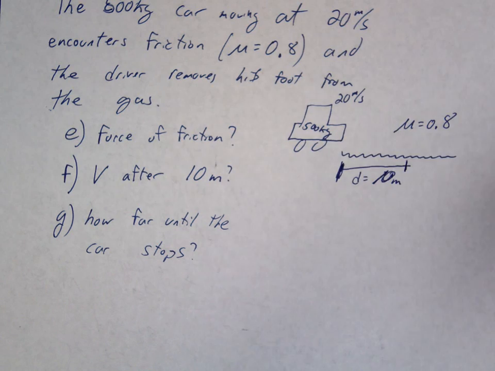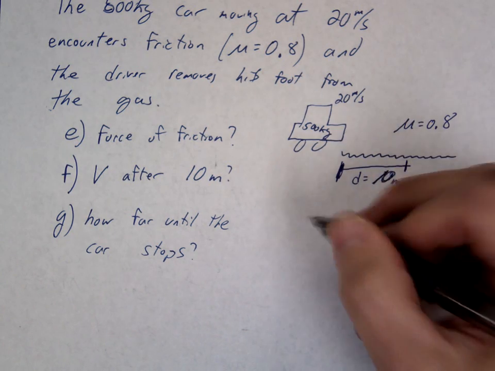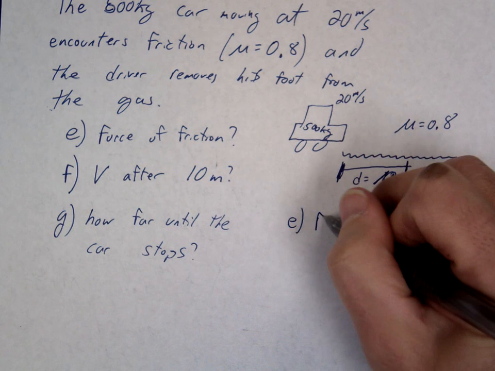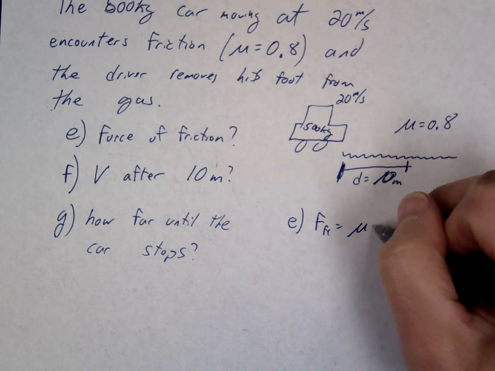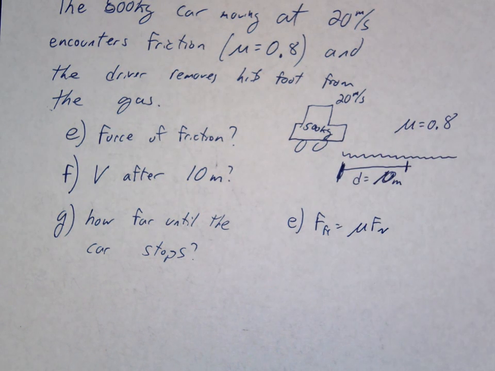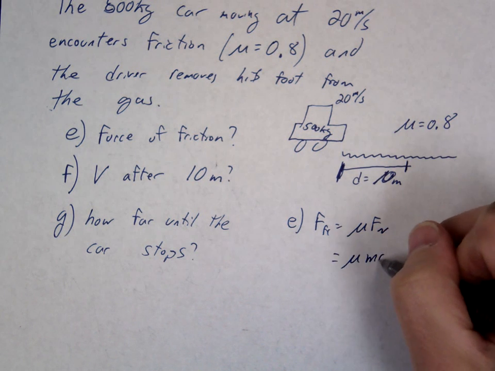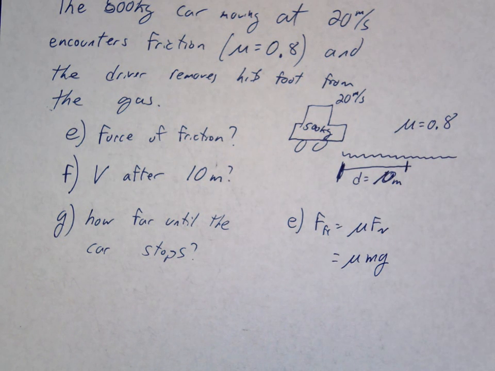So first of all, let's just do the review problem. How are we going to find friction? What's the equation? Mu times Fn, right? And since we're on a nice flat surface, what's the Fn going to be? Same as the weight, right? So mu times mg should give us our force of friction.